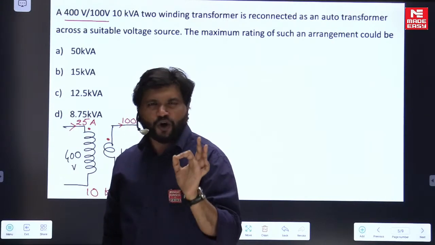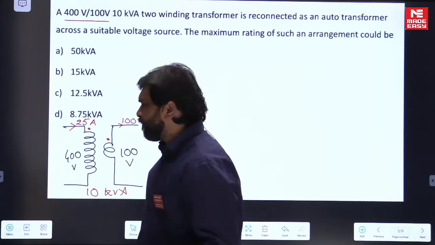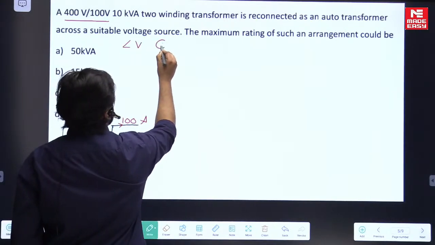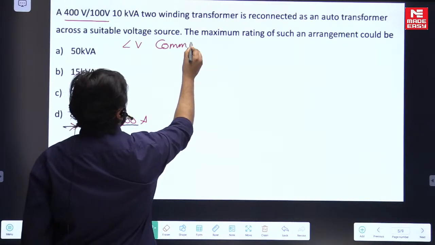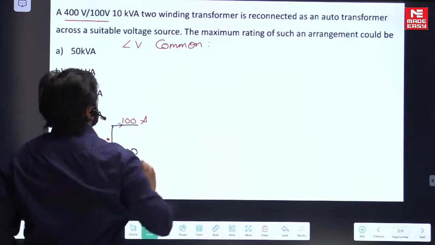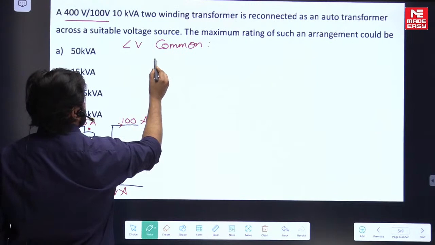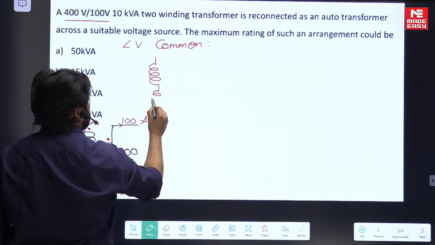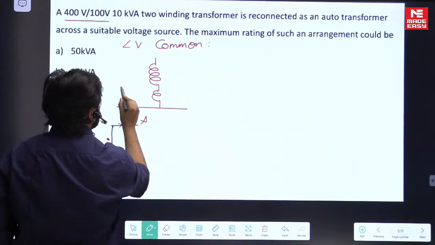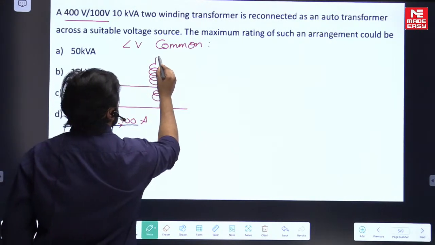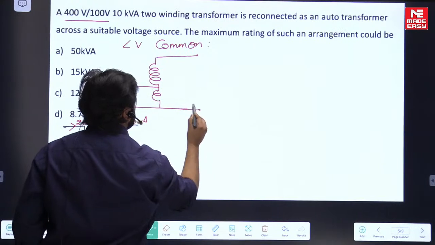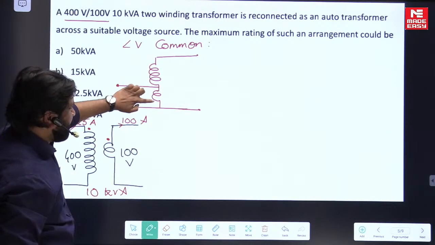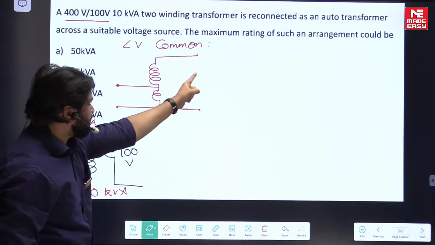First, let us make the common winding the low voltage winding. See, LV is common to the input side as well as the output side.